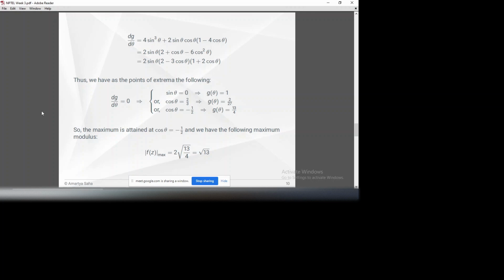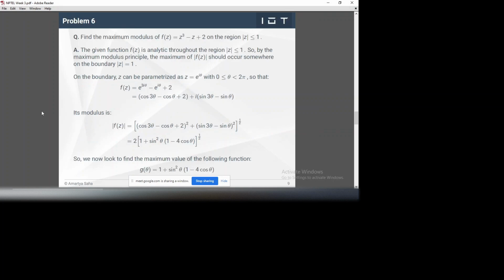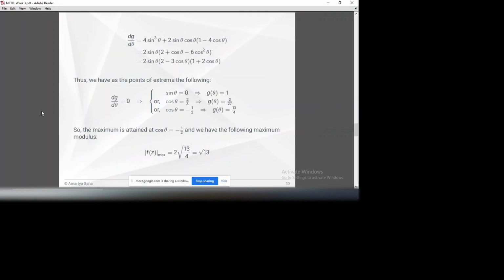Even though the maximum modulus is bounded by 4, that value is not actually attained in the given region. That is why we have to go through this detailed analysis, because root 13 is less than 4.